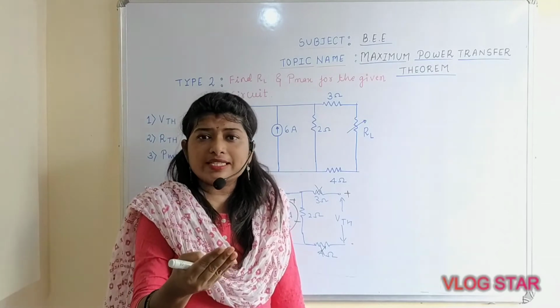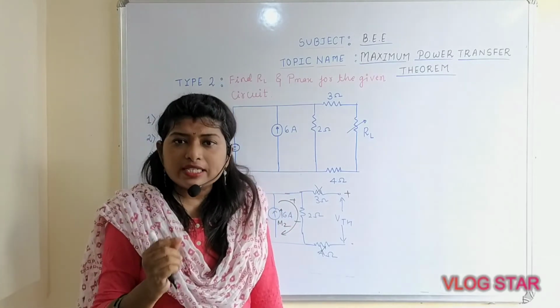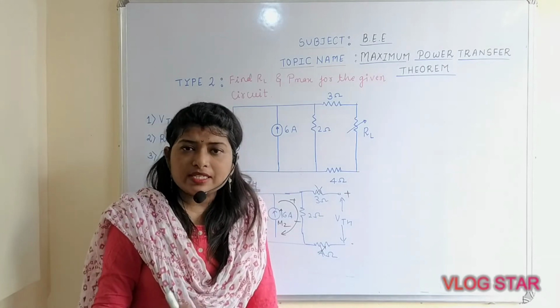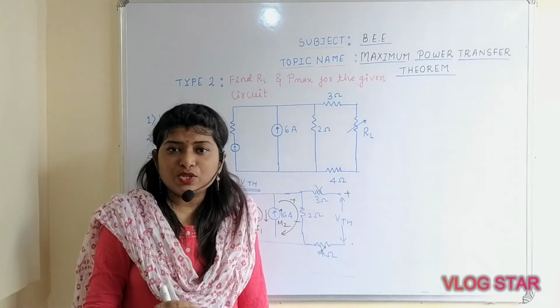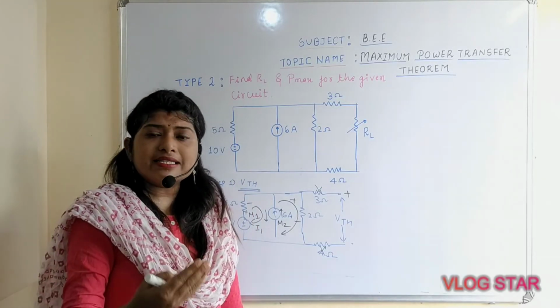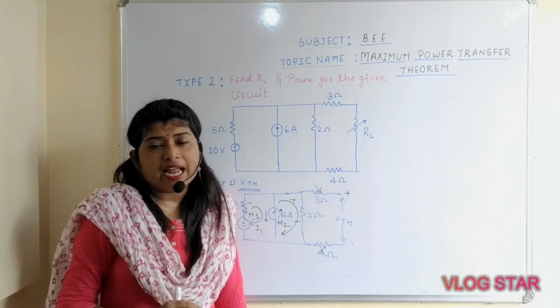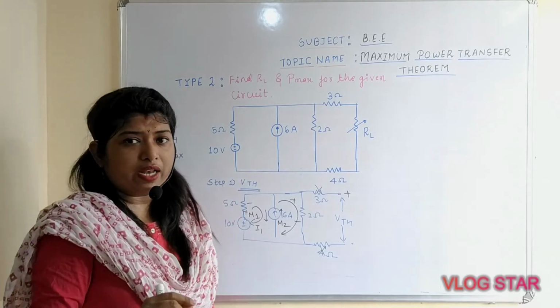If a voltage source is there, you have to replace that particular voltage source by what? Short circuit. If a current source is there, you have to replace the current source by open circuit, or open terminal. And then simply you have to apply the series parallel method to calculate RTH, that is Thevenin's equivalent resistance.